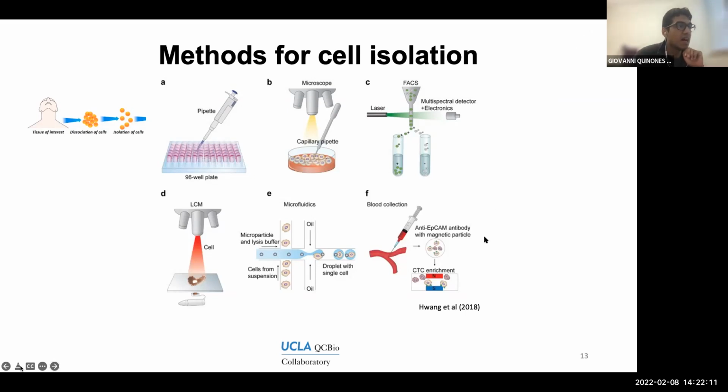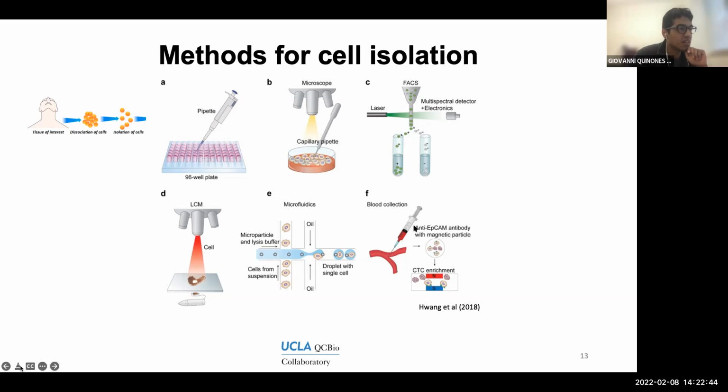And lastly, this other method, the anti-EpCAM antibody, is also a less known, less common approach to isolating single cells. The principle behind this is also based on the binding of antibodies with magnetic particles on top of the cell surface, and then you select the different cells based on the poles of magnets that they pass through.